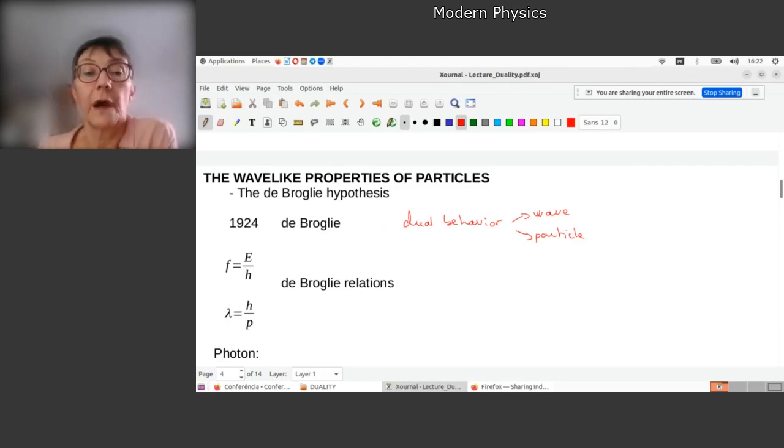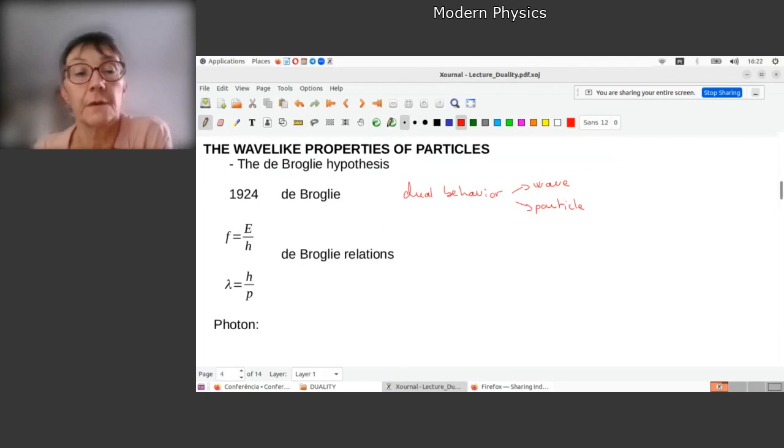So he asked, how can I characterize this wave-like behavior of material particles? This wave will have a frequency which will be the energy of the particle over the Planck constant, and its wavelength will be the Planck constant over the linear momentum of the particle.